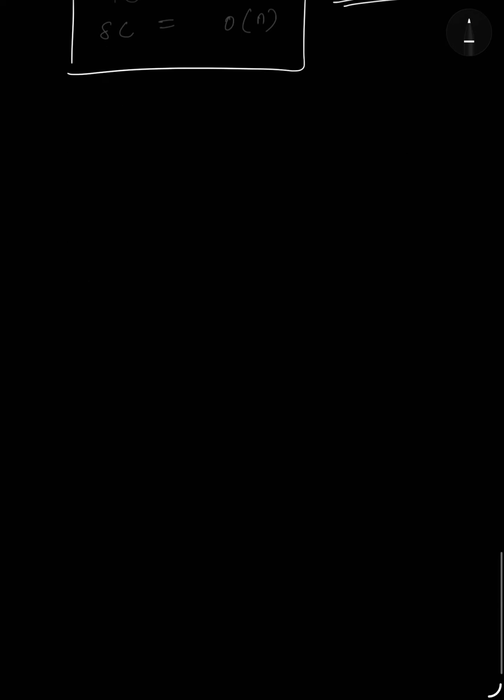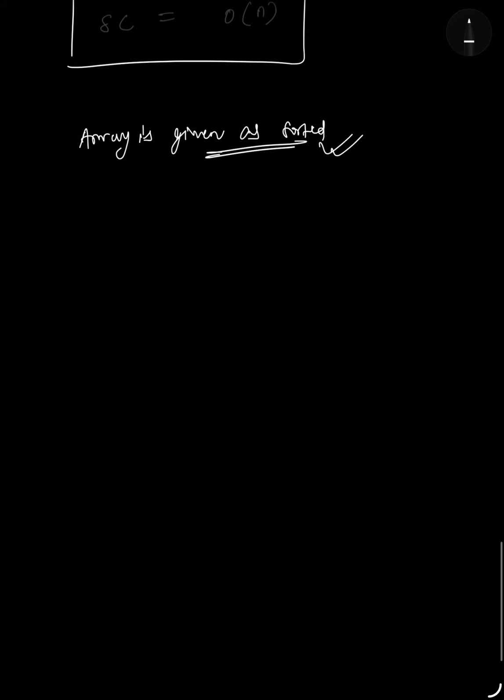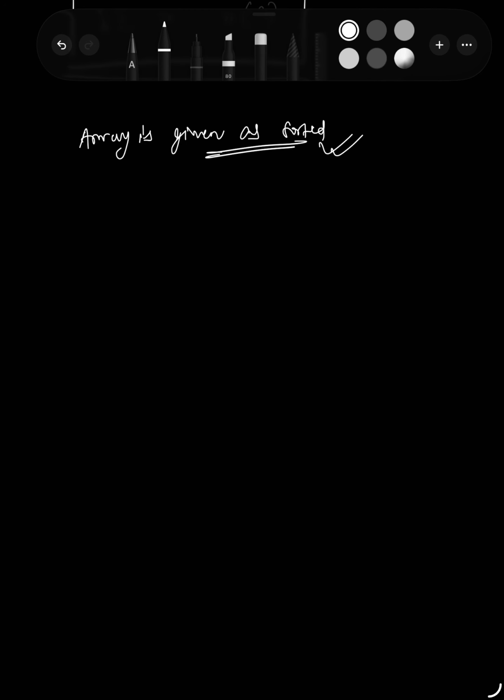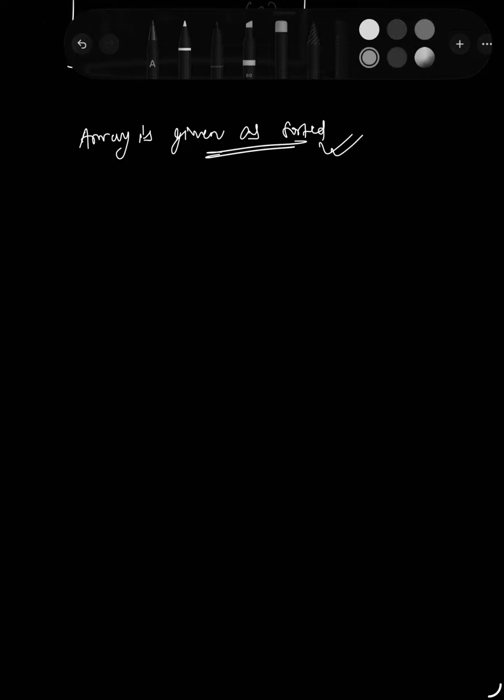In some of the cases we have seen that the question will be provided with the array given as sorted. Okay, so if it is specifically mentioned in the question that the given array is a sorted array, then we can make use of one more optimal solution, which will be the two pointer approach.